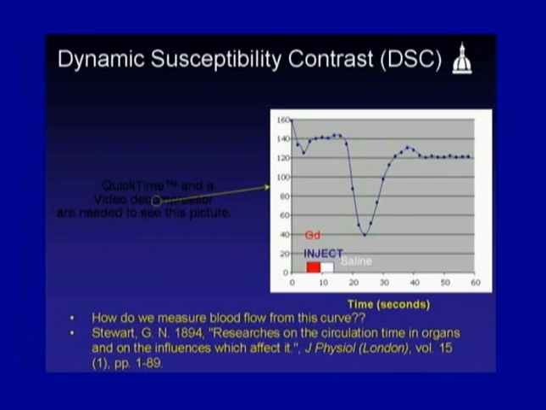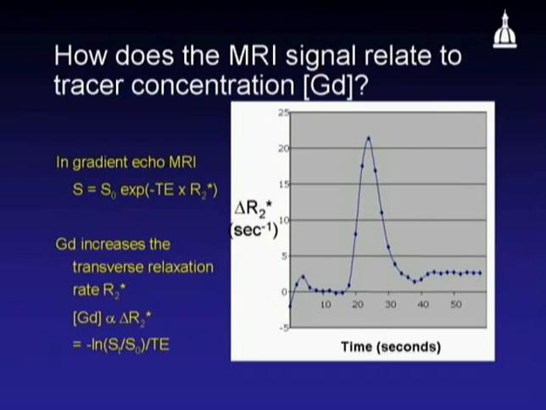So actually, this is something which has been known for a long time. So how do you do it? Well, the first thing you do is recognize that the gadolinium concentration is linearly proportional to the change in the relaxation rate, R2 star. R2 star is 1 over T2 star.